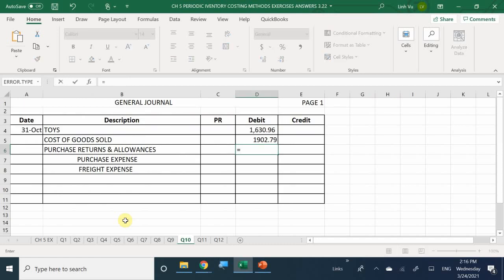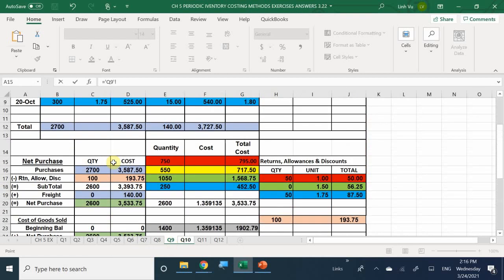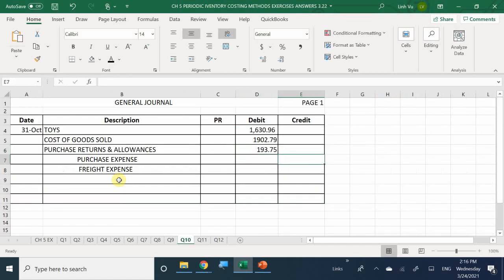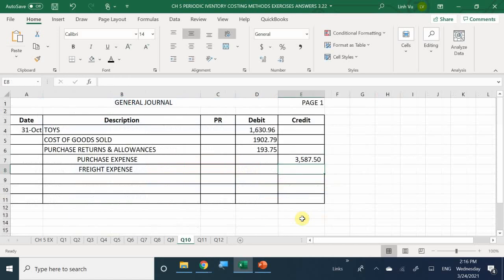What was my total returns and allowances? 193.75. All right. What was my total purchase price? 3587.50. And lastly, what was my total freight?